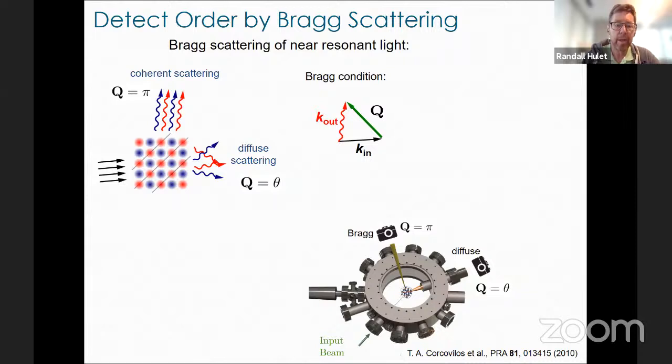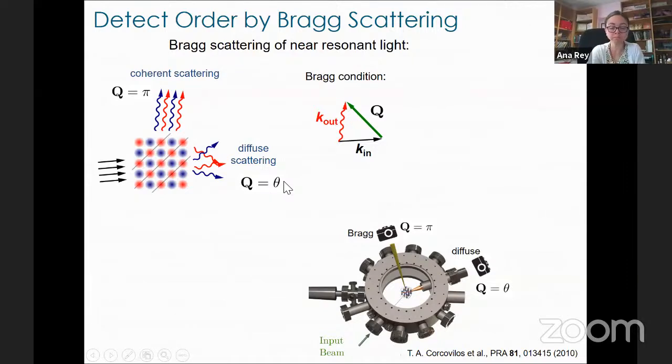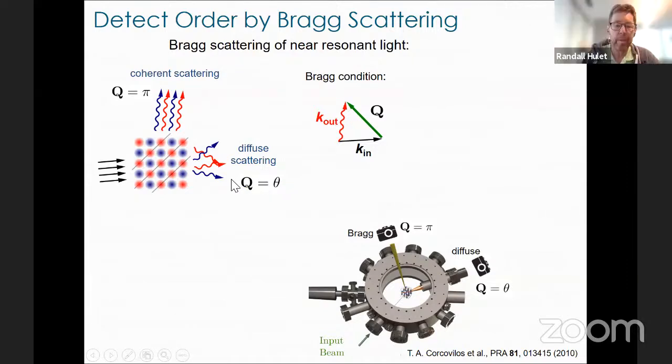We have a camera there and we monitor the scattered light intensity. We also have another camera at some random angle that we call theta, which doesn't satisfy this Bragg condition. So we don't expect to see any coherently scattered light; if anything's detected, it's diffuse scattering.